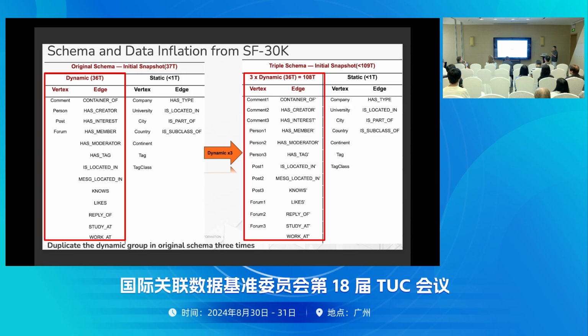I do note, it is an attempt, but normally the connectivity of the graph is also a function of the size. It gets denser with higher scale factor. So the amount of edges would actually have been a bit different if it were following the data generator normally.